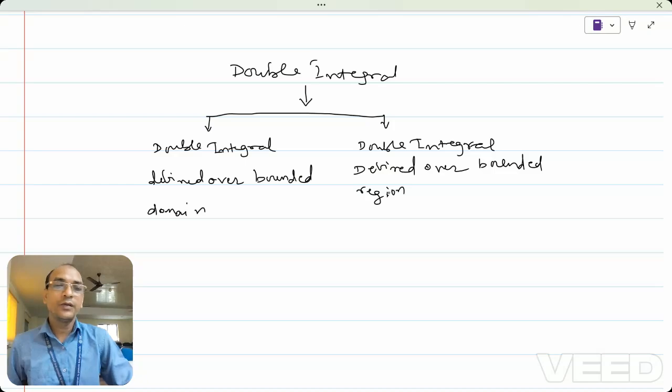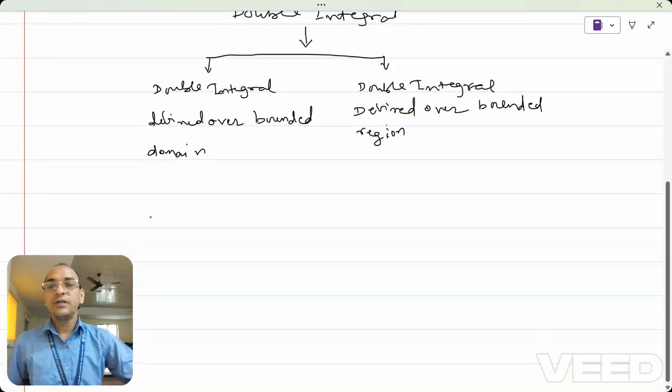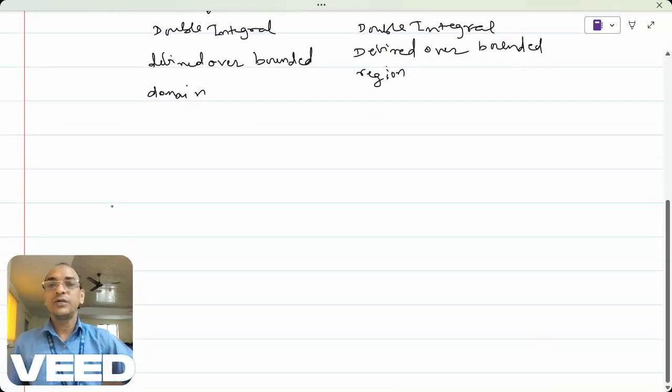So depending upon these two types of region and domain, we can evaluate the double integral. So let me start with the double integral which is defined over a bounded region, bounded domain.